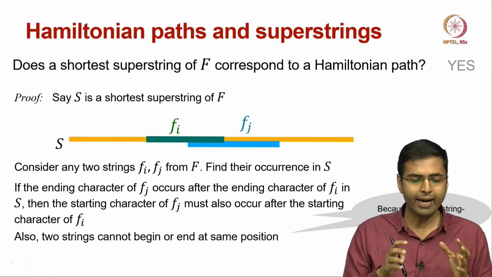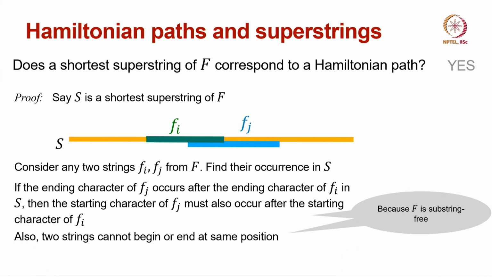Suppose, once we define those intervals, one for Fi and one for Fj, that the ending character of Fj occurs after the ending character of Fi. Then the starting character of Fj must also occur after the starting character of Fi. What I mean is that if the ending character of Fj is occurring after the ending character of Fi, then the starting character of Fj must be occurring after the starting character of Fi.